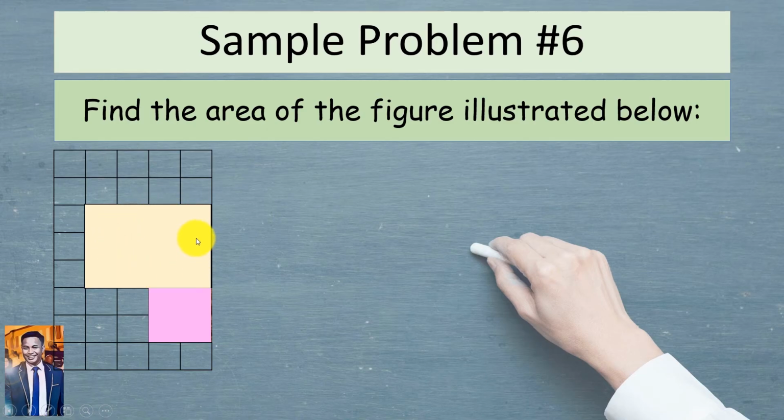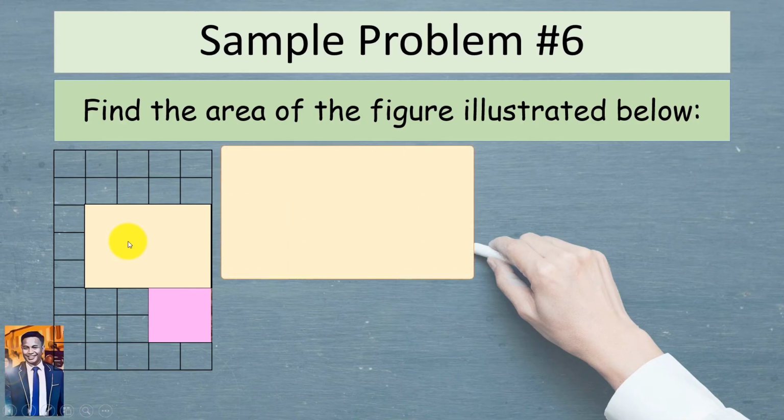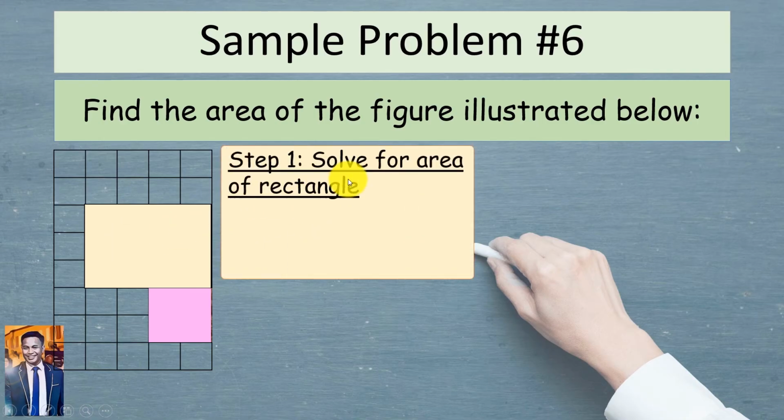So, since this is a rectangle, we solve for the area of rectangle that is equal to length times width. So, ang length niya is 1, 2, 3, 4. Then, ang kanyang width ay 1, 2, 3. So, that makes it 4 times 3, which is equal to 12 square units.